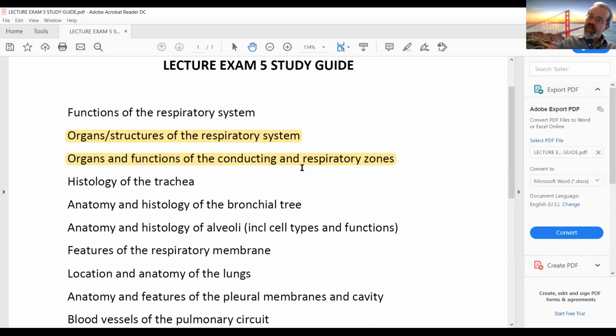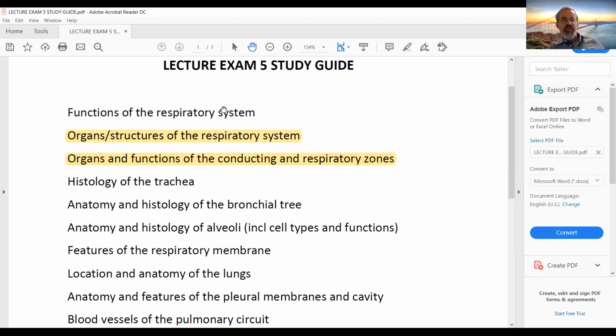What is it about the conducting zone that enables it to do its job? And of course, amongst other things, we've learned that there's ciliated epithelium, there's mucus, there's also cartilage that helps to keep the airways open, right? Without the cartilage, the airways would collapse every time we would exhale. So know the different organs and their functions and the changes between the trachea, the bronchi, stuff like that.